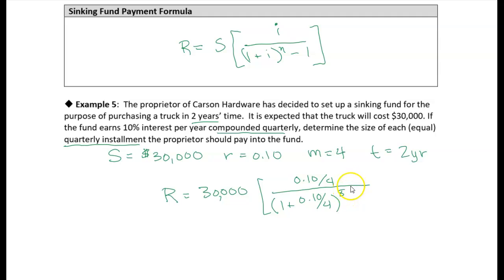Four times 2 is 8. That's the number of conversion periods, and then minus 1. Then it's just putting it into your calculator. What I got was $30,434.02. That's what our payment needs to be in order to have that much money at the end of 2 years.